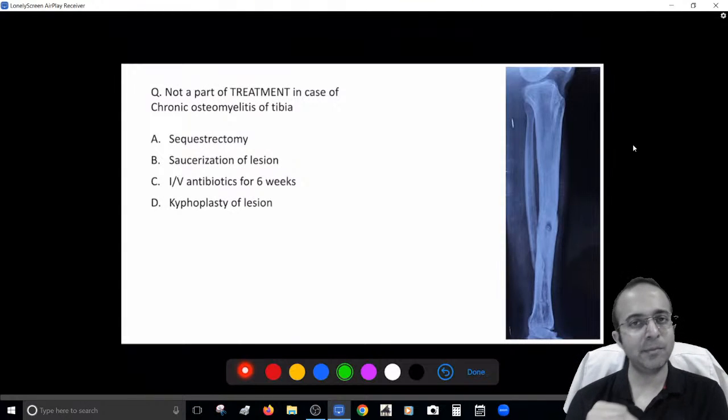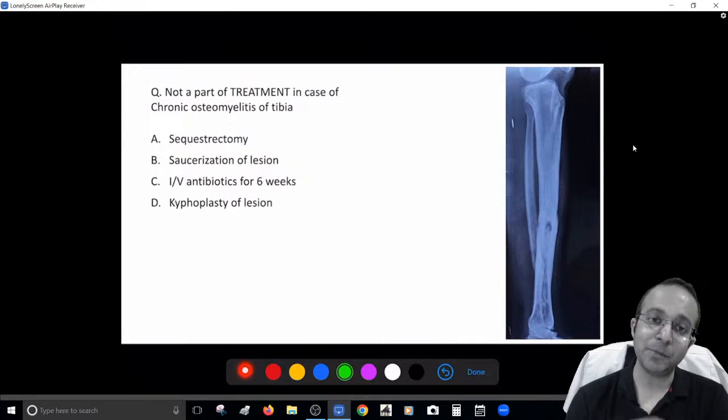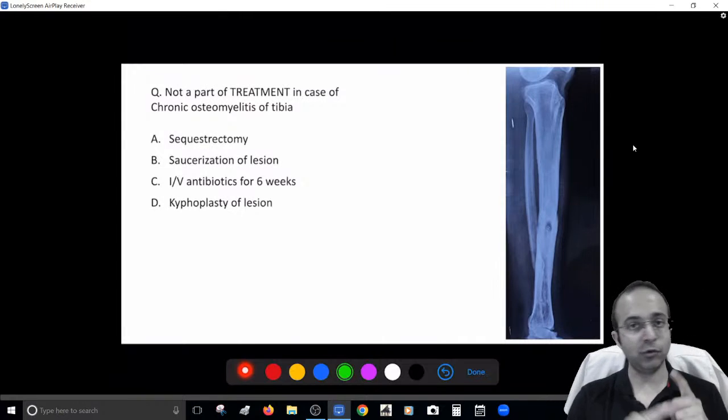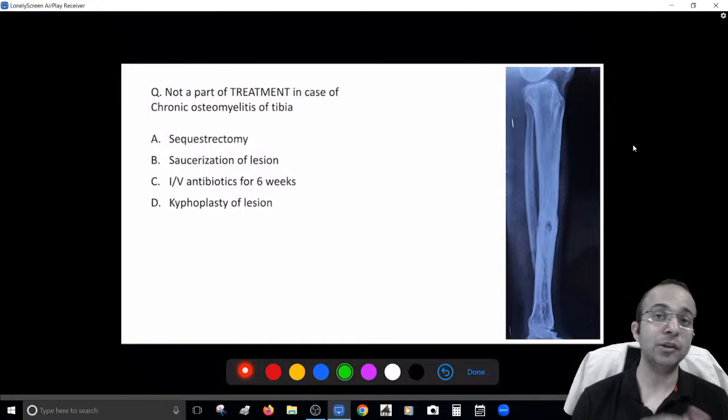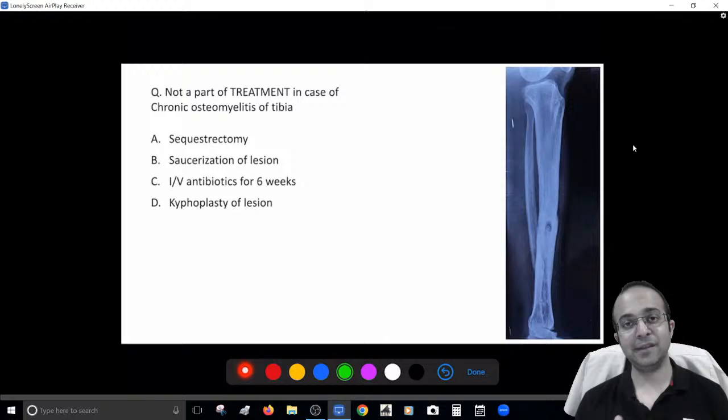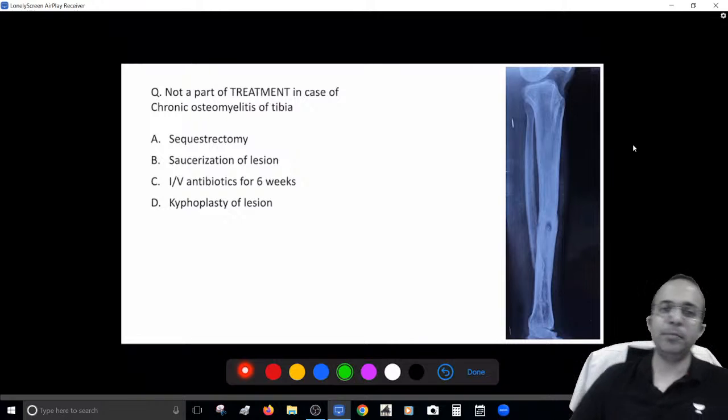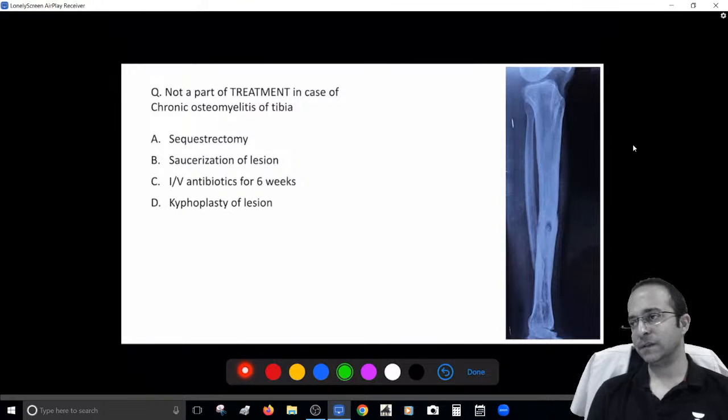Subacute cases will be a subacute picture. You may not find sinus, you may not find the fulminant picture, but when you go to chronic osteomyelitis, what you may see on the bone are cloaca if you're looking at the bone in a naked way, but if you're looking at the skin, you will find a sinus. Okay, that's the clinical hallmark to tell you chronic osteomyelitis, and you're clear how to pick up with the radiology help as to what is the final diagnosis.